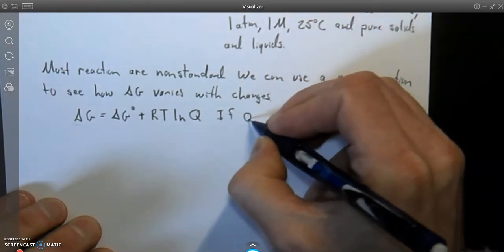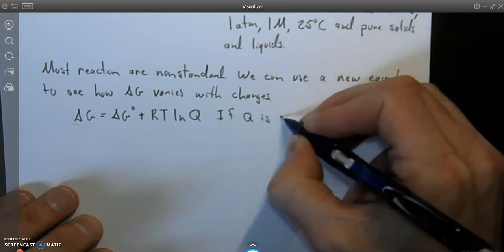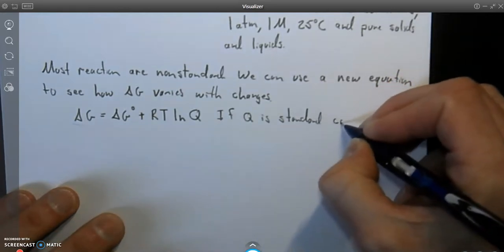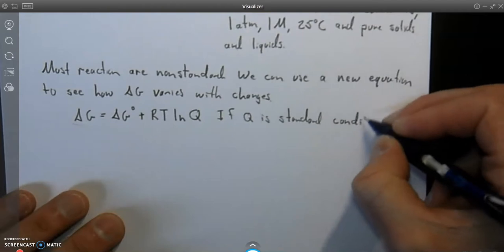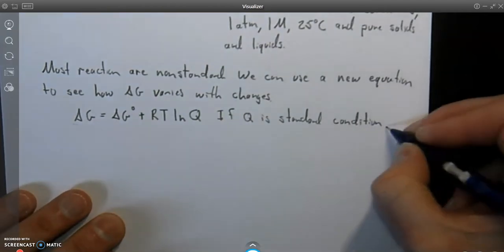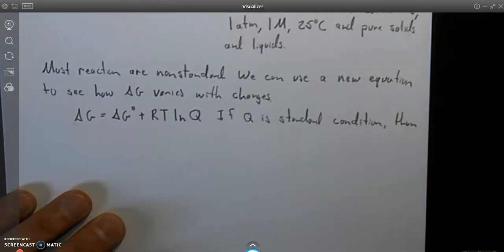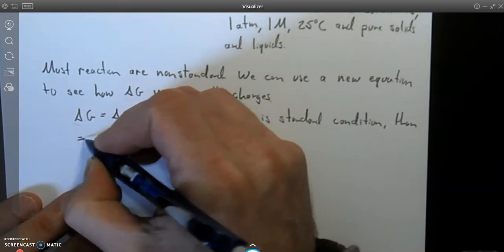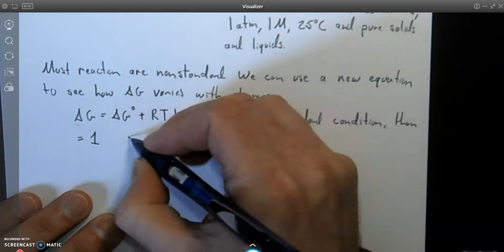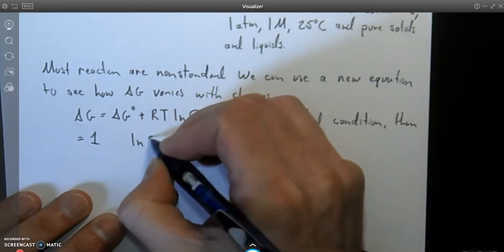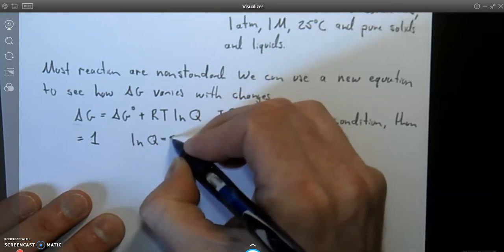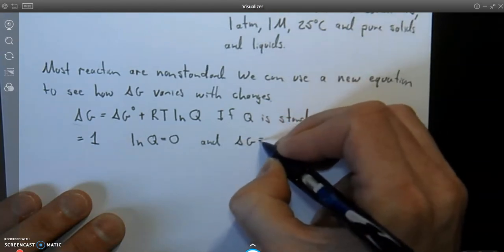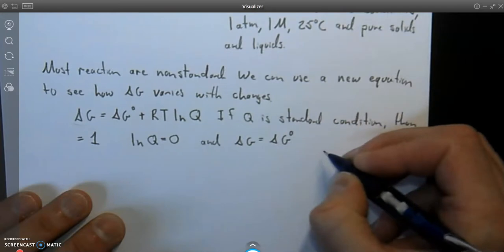If Q is standard, think about the math, then the conditions, or it is the standard conditions, then it's equal to 1, and then the natural log of Q is equal to 0, and then delta G is simply going to equal those standard conditions.